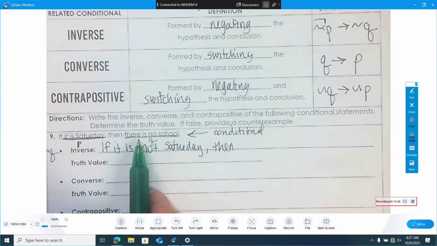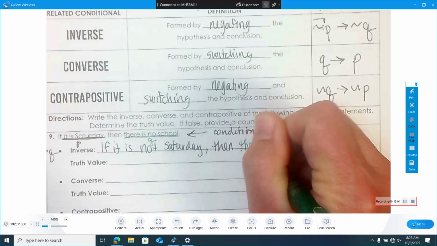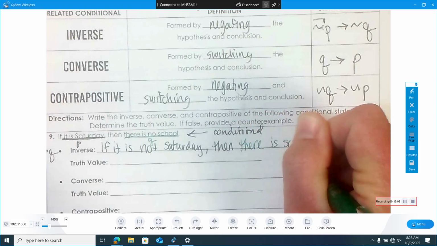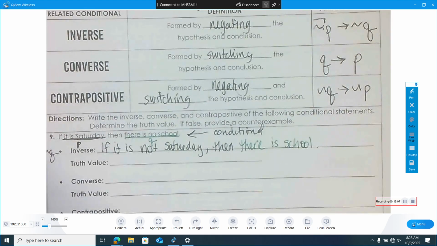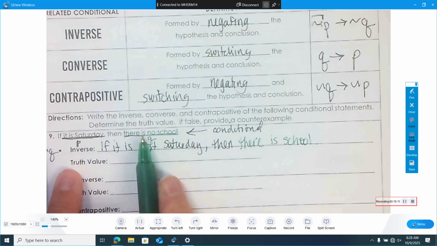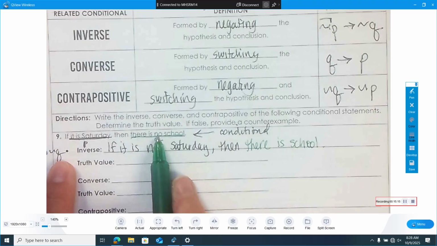If there is not no school, that would be then there is school. If it is not Saturday, then there is school. So we're negating the no, and the opposite of no school would be that there is school.